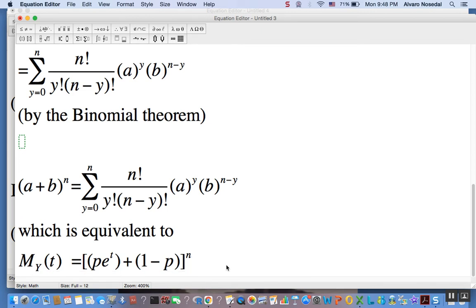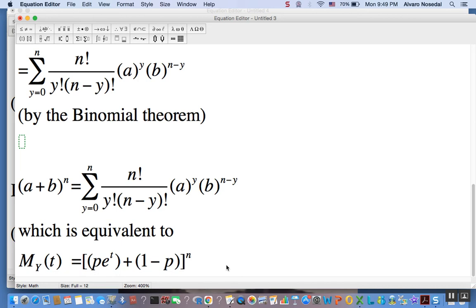And what we said is that if you have the MGF of a random variable, if you want to find its expected value, a possible approach is taking the derivative with respect to t of your MGF, and once you have it, you evaluate it at t equals 0, right?